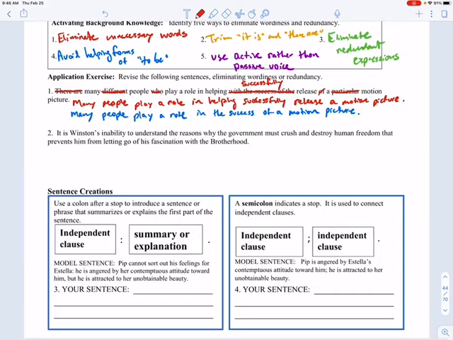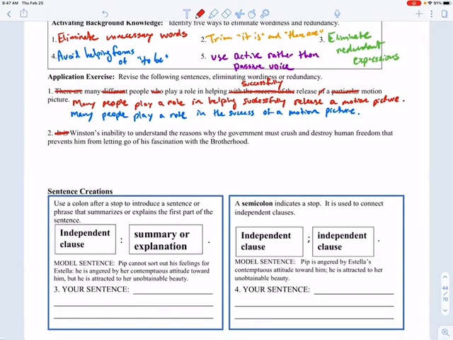Item 2, it is Winston's inability to understand the reasons why the government must crush and destroy human freedom that prevents him from letting go of his fascination with the Brotherhood. This is from George Orwell's 1984, which I hope you read next year as seniors. But let's see what we can cut. I can eliminate "it is."